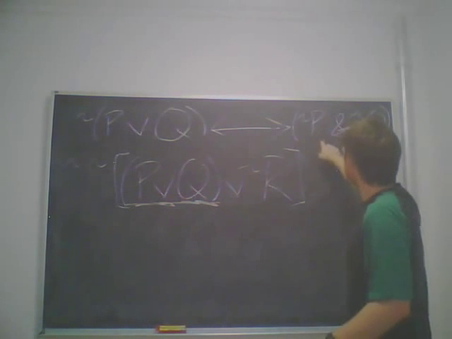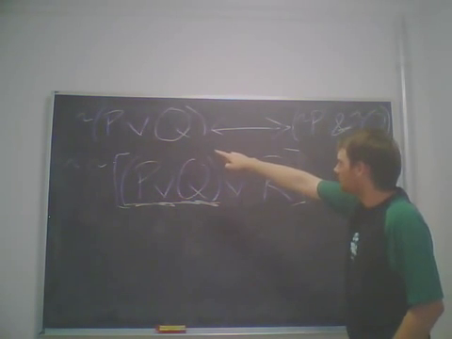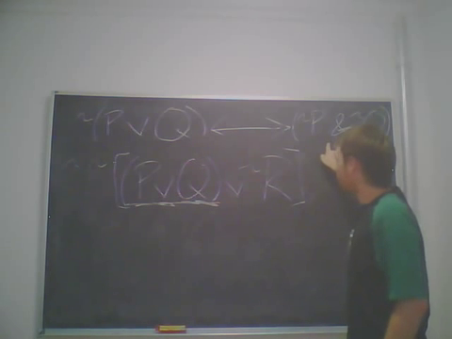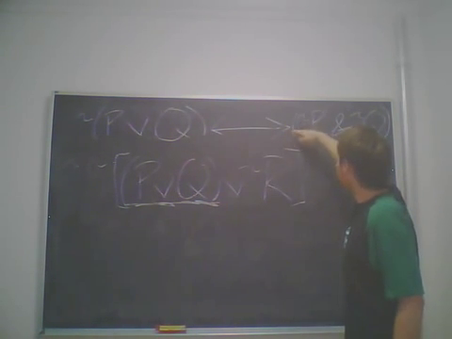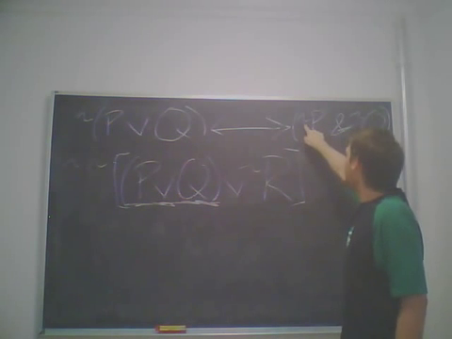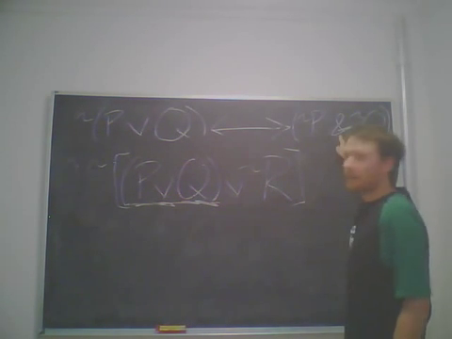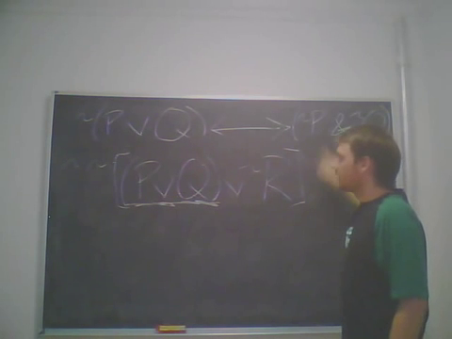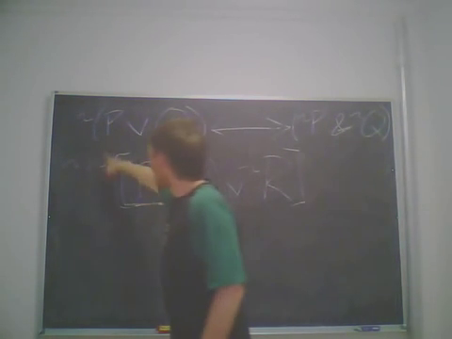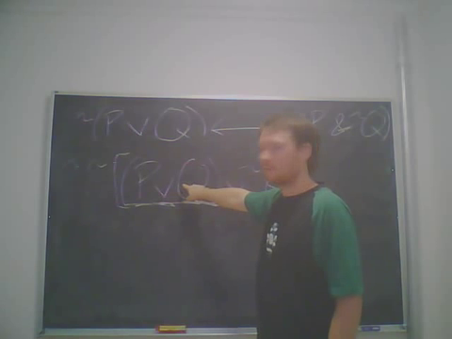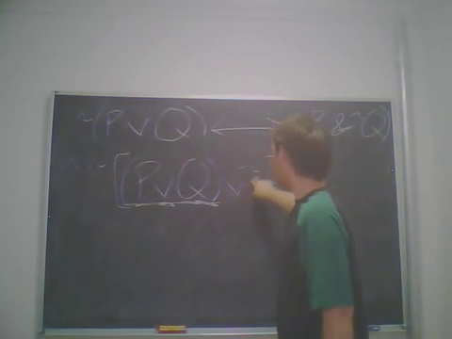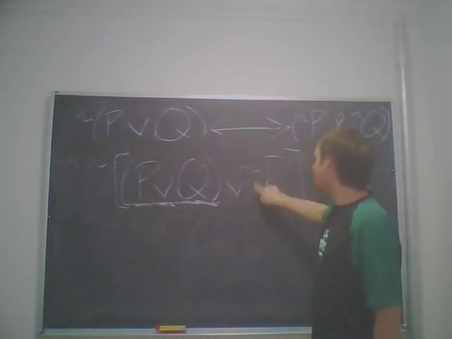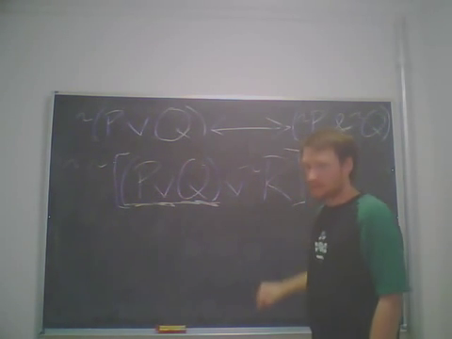So I see that when I shift from disjunction to conjunction, I drop that negation from outside, and then I put it in front of the P and the Q, and I switch my or to and. So I want to do the same thing here: drop the negation, put it in front of my left-hand stuff, change the or to an and, then negate the right-hand stuff.